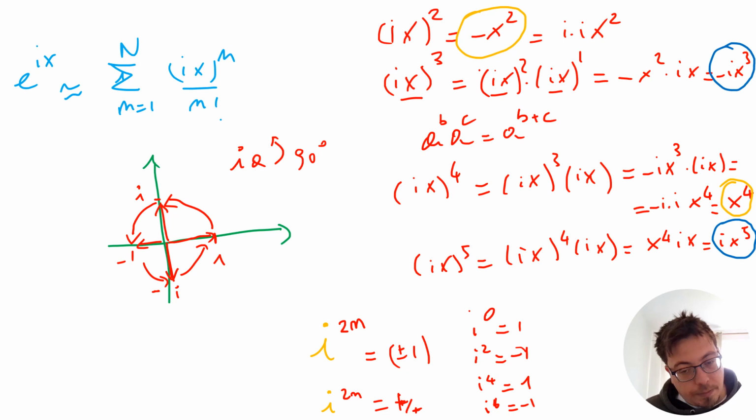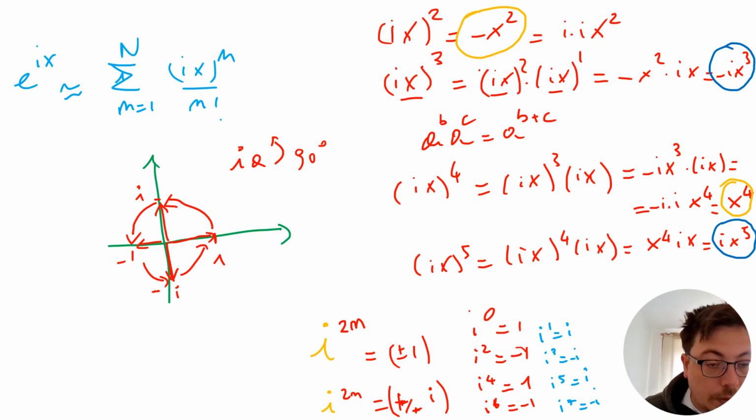We get this plus or minus i, and in fact we will get that i to the 1 is i, to the 3 is minus i, to the 5 is again i, to the 7 is again minus i.